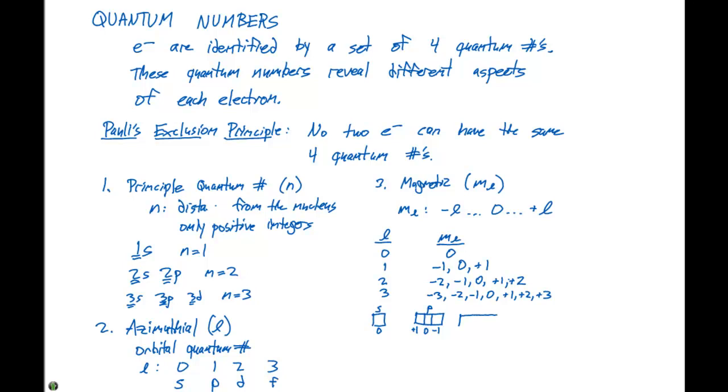For the d orbital, there are 5 blocks, so we have to have 5 different m sub l quantum numbers to show which d block we're in. We start with +2, +1, 0, -1, and -2. For the f orbital, we have to have 7 values.